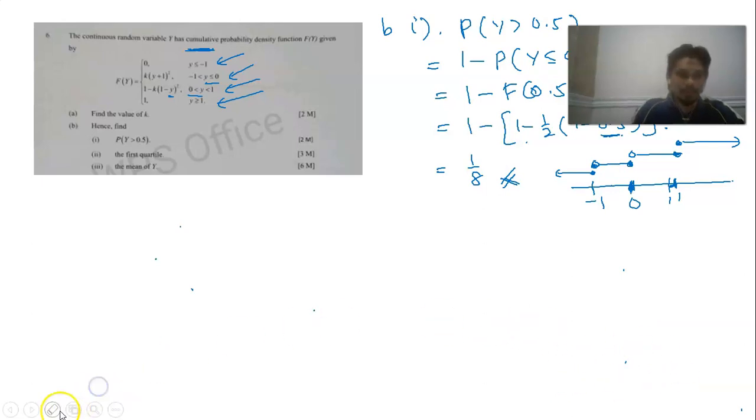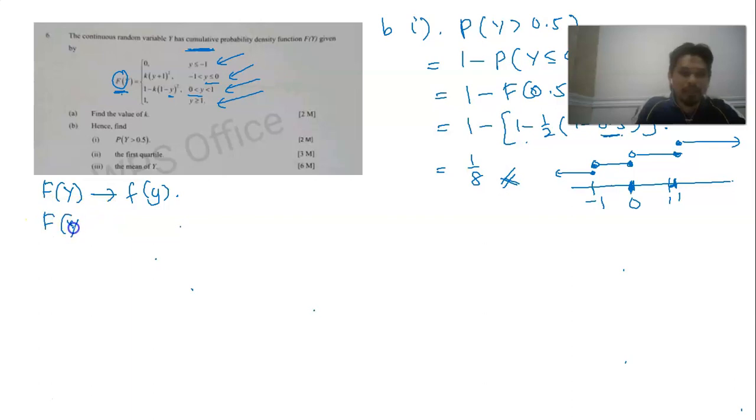Okay, the reason that I say so: this is the cumulative distribution function from capital letter F. We are going to transfer it into the probability density function. In this case, we are going to differentiate all these functions one by one.